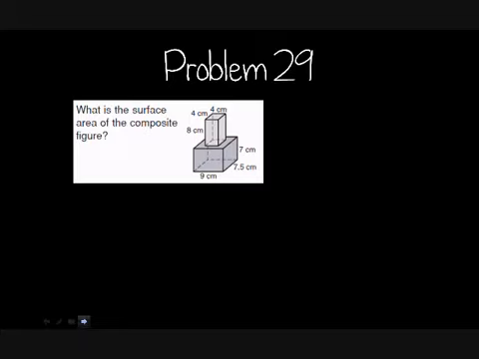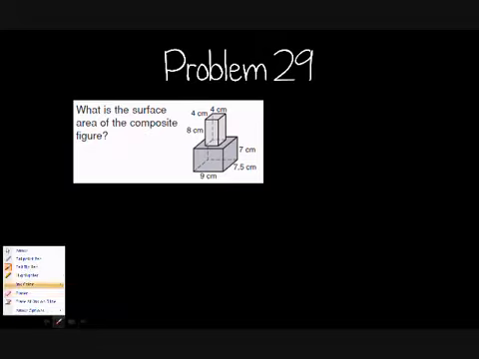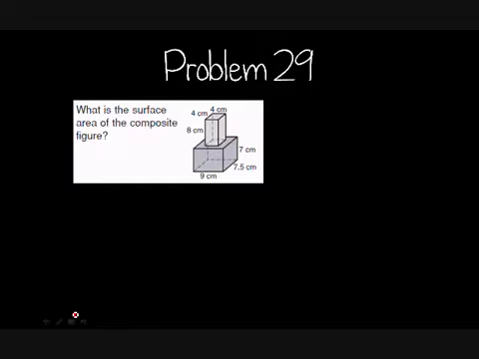Okay, problem 29 is kind of a long, ugly problem. What I'm going to do is draw all of the surfaces separately, and then if we find all of the individual surfaces, we're all set, and that's maybe the most conceptual way to do this. So I'm going to draw this guy first. So we have him here.